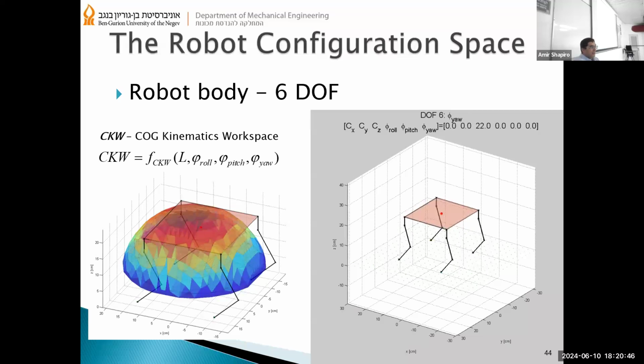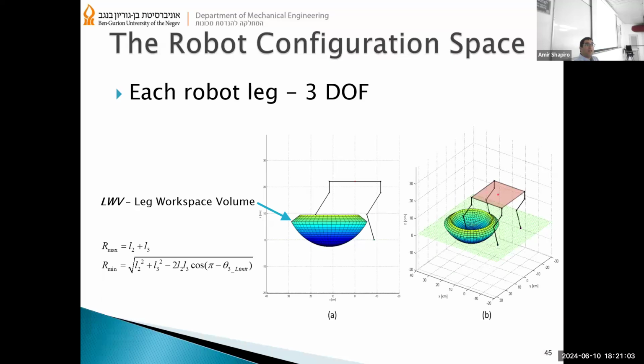And the workspace of the central body is this kind of shape that you can see here. And for each leg, we also have a workspace, which looks like a ball. This is the area that each footpad can move in.